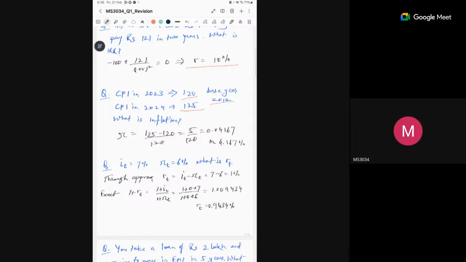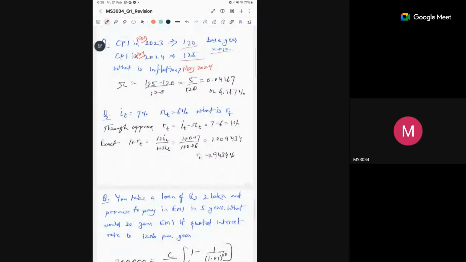It should be in the same month, so for example, May 2023 and May 2024. Then what is the inflation in May 2024? We will use the inflation formula: the present price level minus the past, divided by the past. From that, we get the inflation rate of 4.167%.